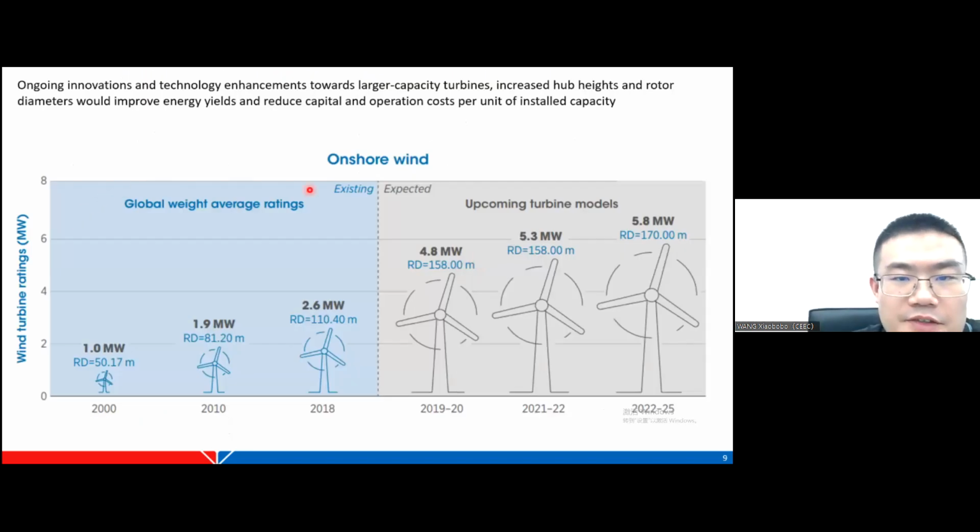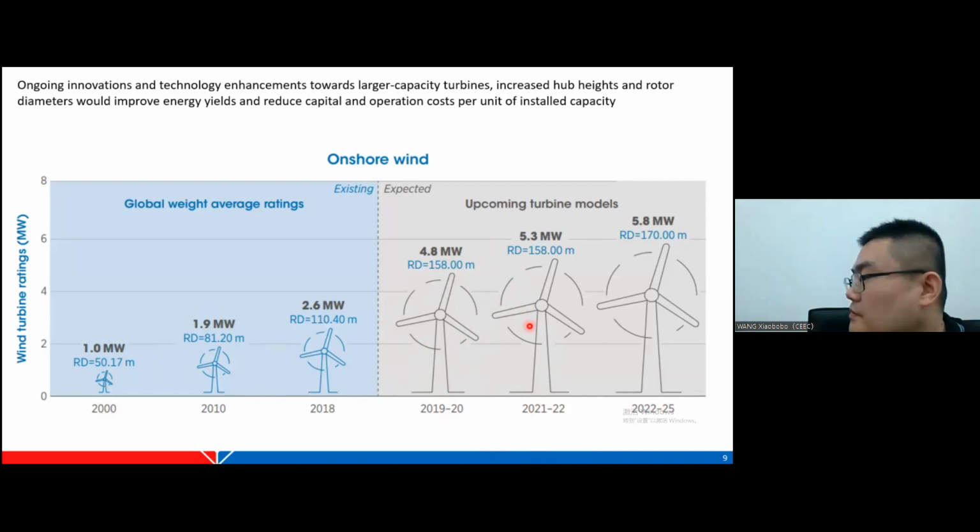Okay, as we can see, the ongoing growth rates. 20 years ago, it was so small, but currently, if we compare the 1 megawatt turbine with the currently installed, it's popular in China, like in the 5 megawatts. You can see the size enlargement. You can see how the manufacturing process changes.